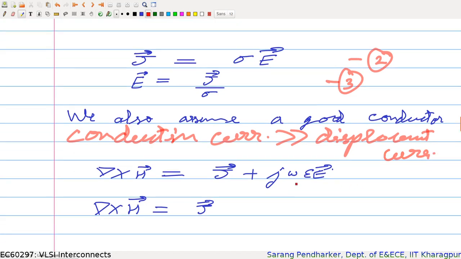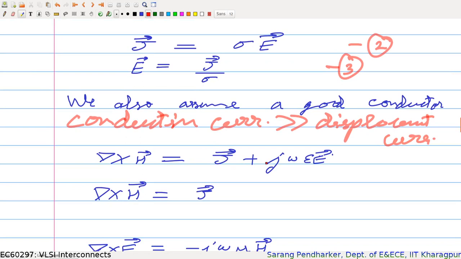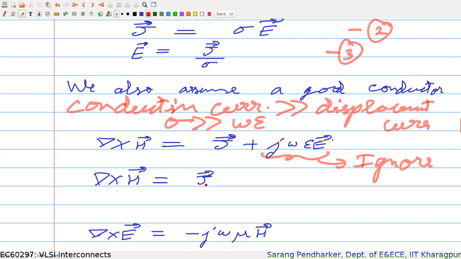So my sigma is large, much greater than omega epsilon. So I can ignore this term, and my curl of H is simply given by J. This is the assumption that I am making, that my conductivity is large.